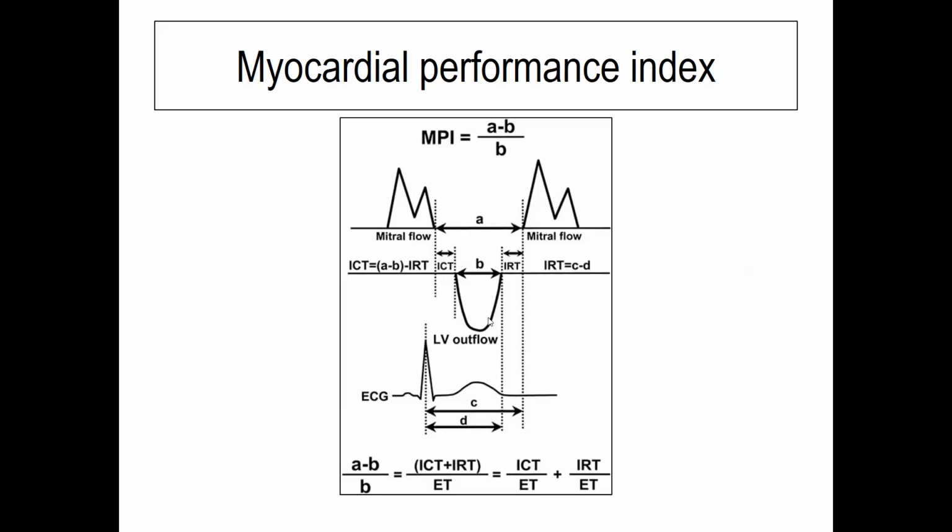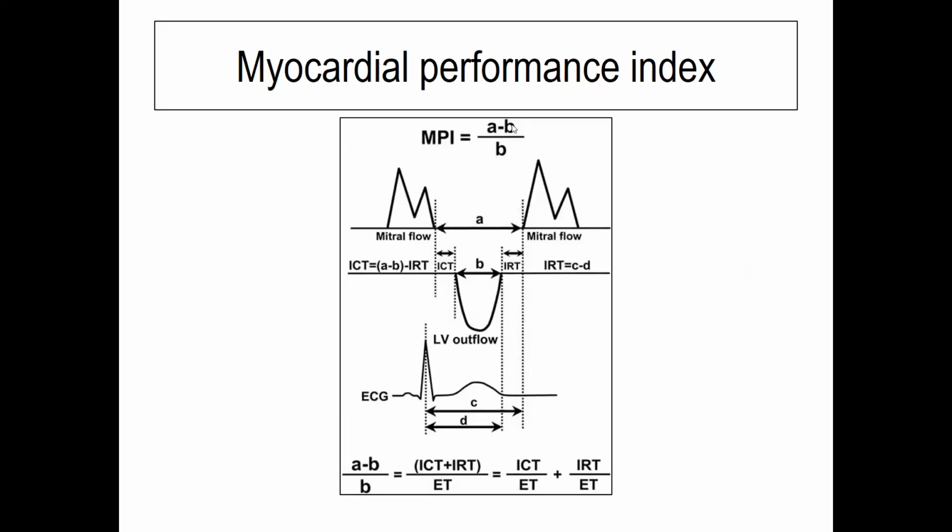Then we go to the three-chamber view. We look at a pulse wave at the LVOT. We try to see how much is the time of blood flow from the LVOT, that is the beginning of LVOT flow and the end of LVOT flow. This is A time, this is B time.